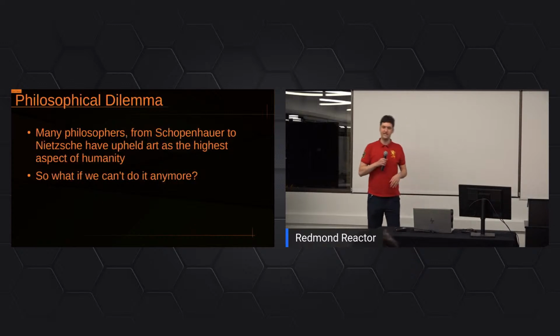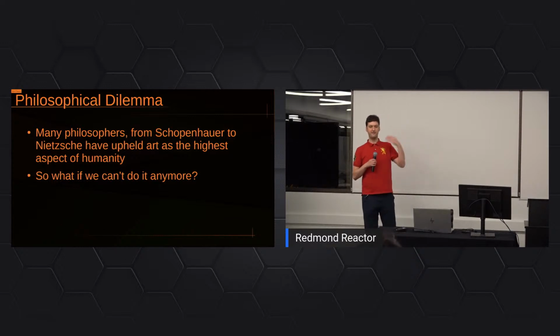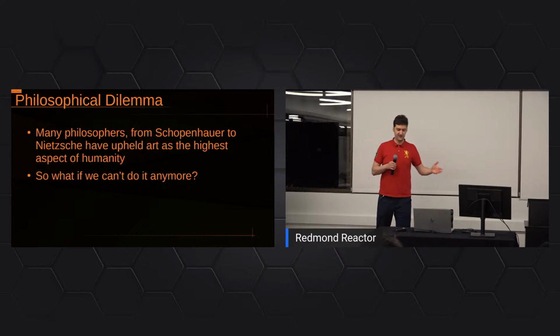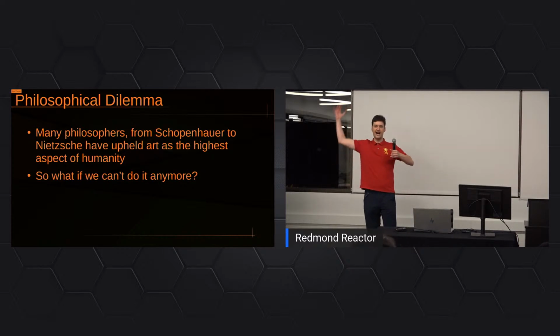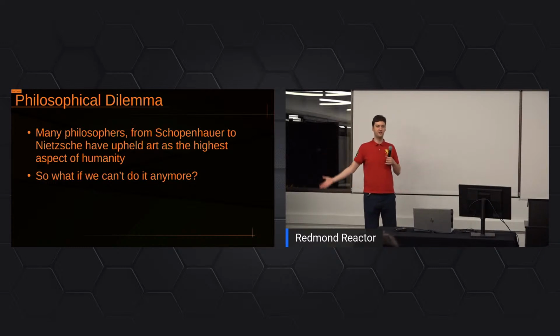And then there's also the broader philosophical dilemma that many people have raised. A lot of philosophers from Nietzsche to Schopenhauer and more have reflected on art as the highest stage of what people can do.